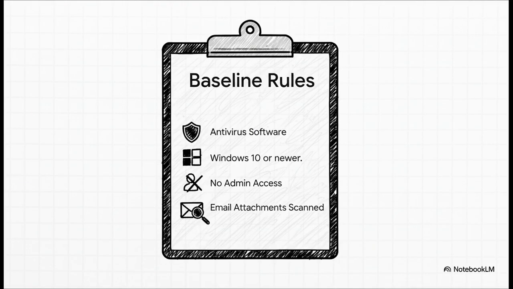And here are some classic real-world examples of what you'd find in that rulebook. Every single machine must have antivirus. No one is allowed to run an old, outdated operating system. Regular users can't have admin rights that let them install whatever they want. See? These aren't just suggestions. They're mandatory rules that are enforced automatically to get rid of all those common, easy-to-exploit problems across the entire network.